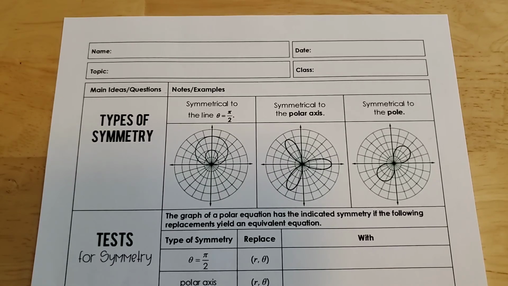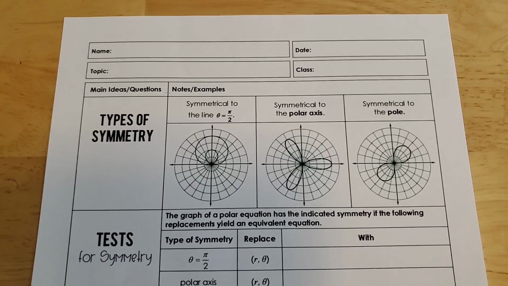And so our goal over the next couple of days is to begin to sketch some polar curves. If we were actually together in the classroom, we would be doing this in a much more rigorous point-by-point manner. We're going to try to do a little bit of a bird's eye view of polar curves so that you're familiar with them, but it is challenging to do without being together.